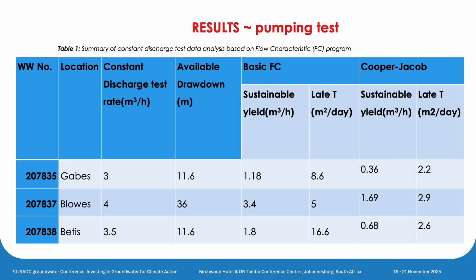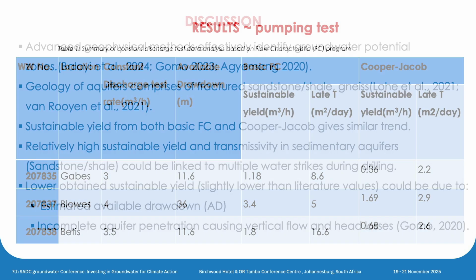We used the basic FC because there was no monitoring borehole close to the pumping wells, and we used the basic FC and the Cooper-Jacob from the FC program. From the results, we can see that the crystalline, for example the one shown here, has a low sustainable yield compared to the others. The Cooper-Jacob results are the same, also showing low values in the crystalline.